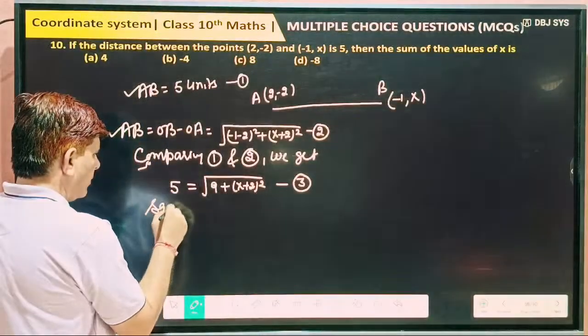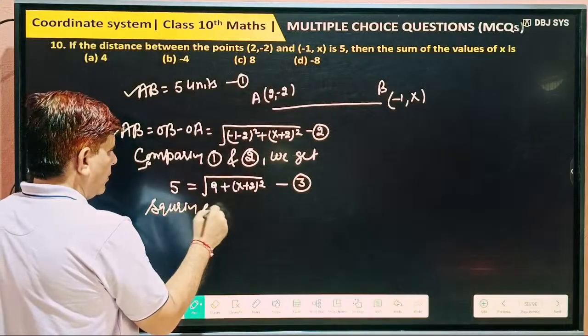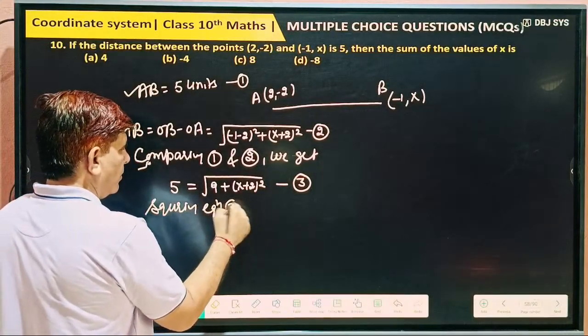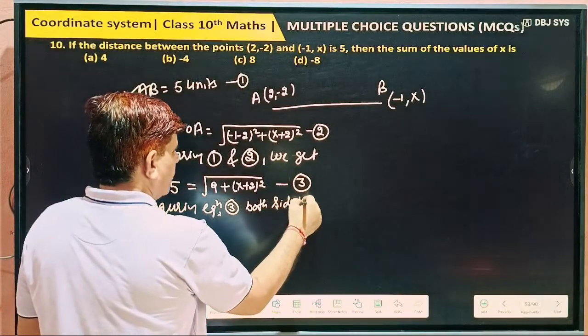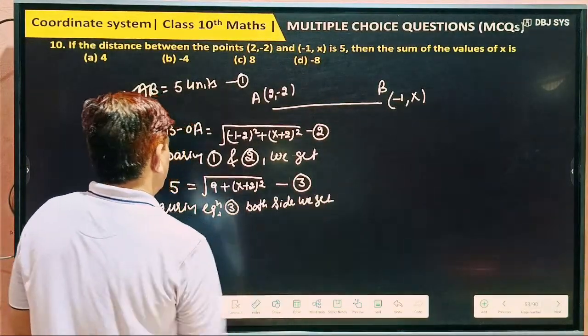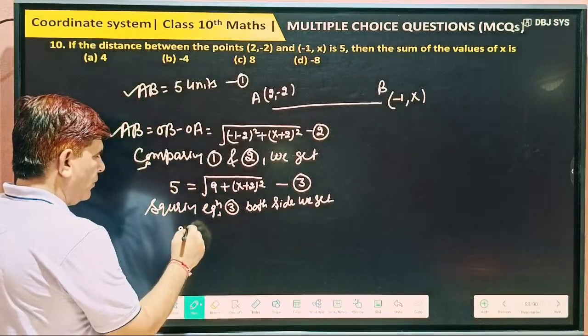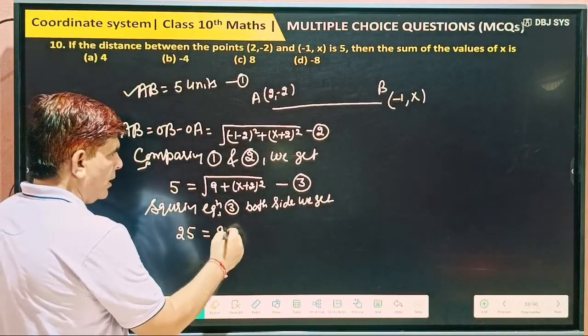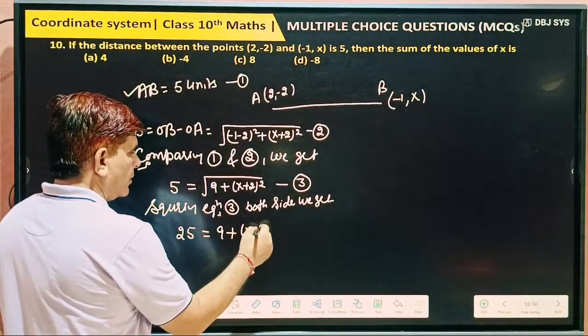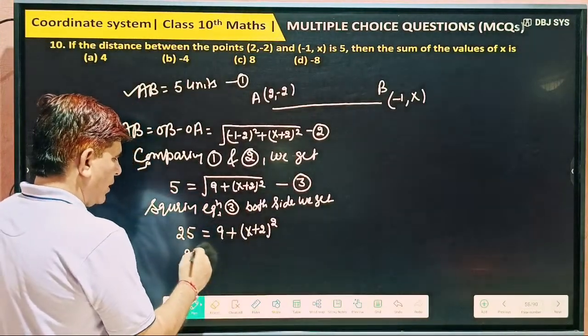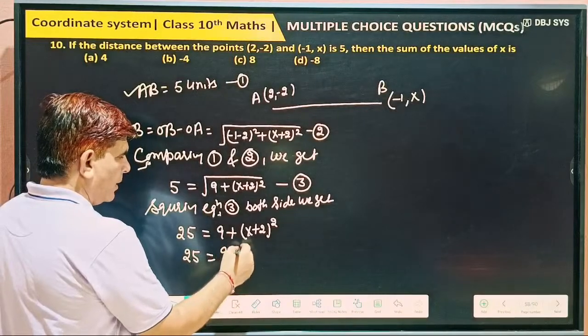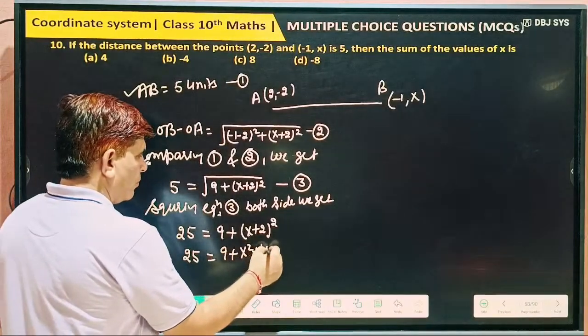Squaring equation 3 on both sides, we get 25 is equal to 9 plus (x + 2) whole square. So 25 is equal to 9 plus x square plus 4 plus 4x.